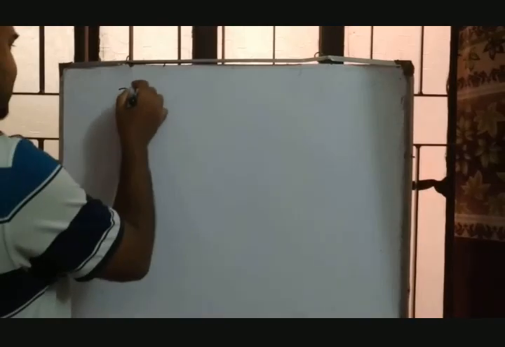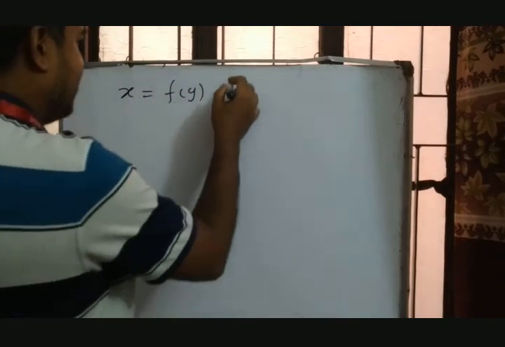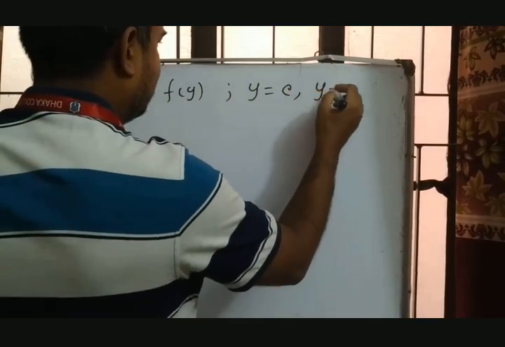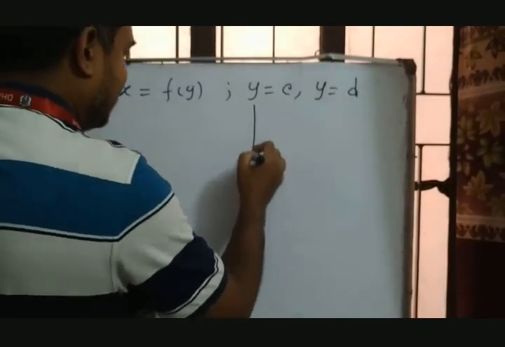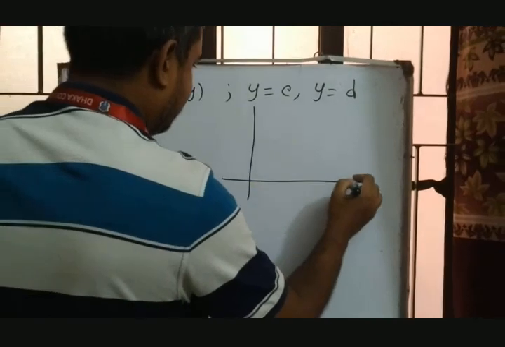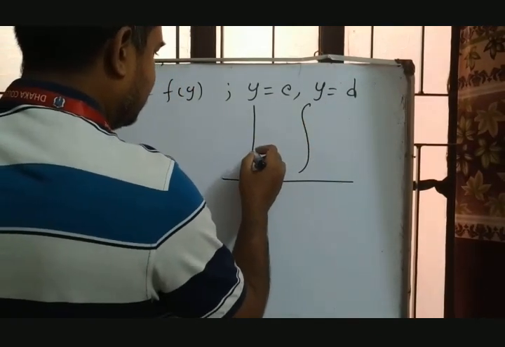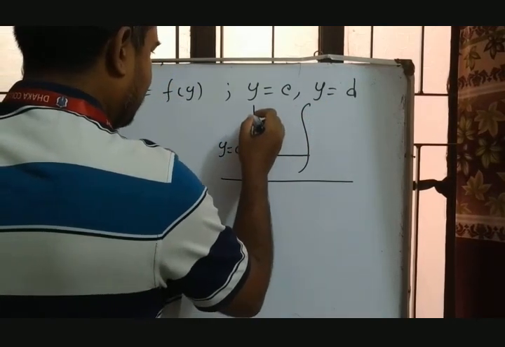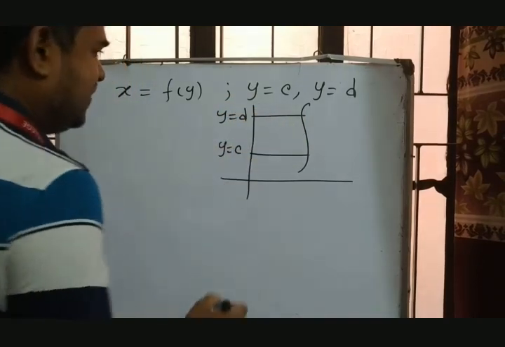ফাংশনটা যদি x is a function of y হয় and the limit is y is equal to c, y is equal to d. In this case, the graph of this function equal to here y is equal to c and y is equal to d.